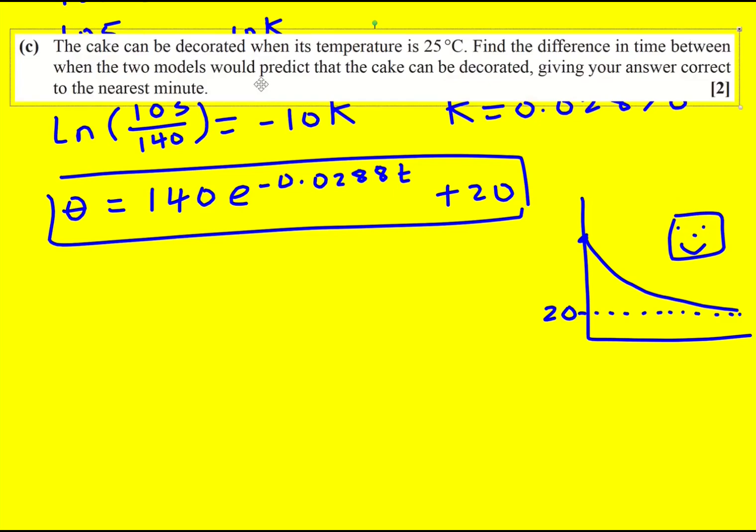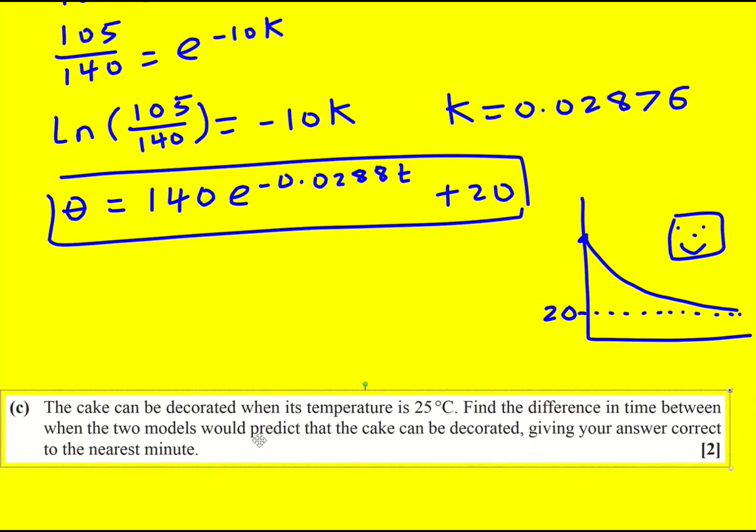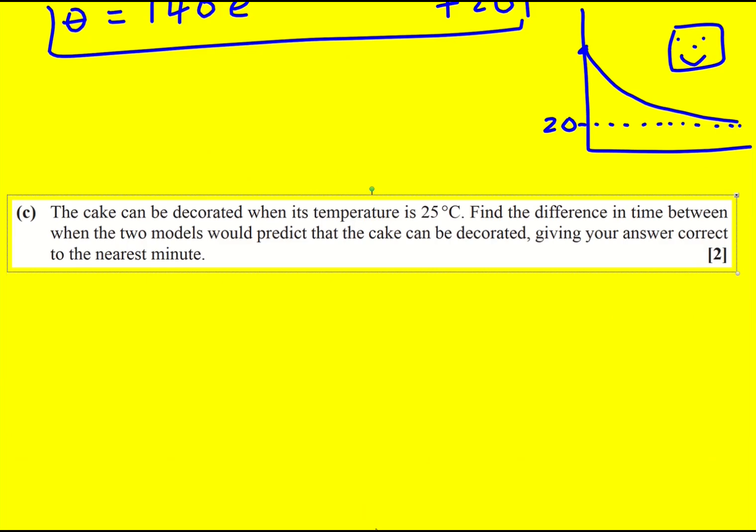Finally, part C says the cake is to be decorated when the temperature is 25 degrees. Find the difference in time between when the two models predict it can be decorated. So model 1, that was what we did in part A. Remember, it was theta equals 160 minus 3.5t.